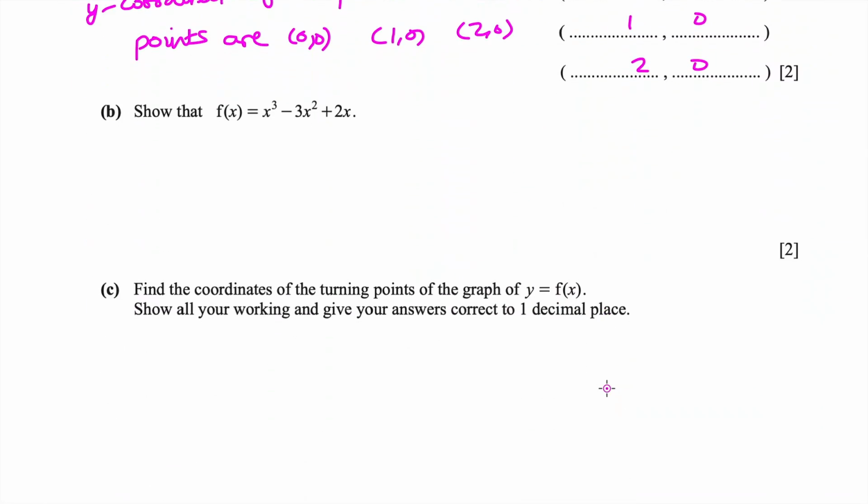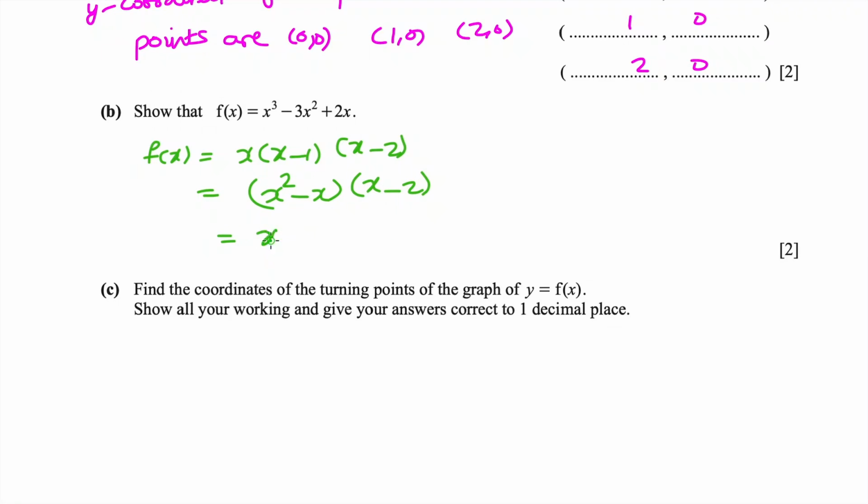Now the next part, show that f of x is equal to x cube minus 3x square plus 2x. So f of x is equal to x into x minus 1 into x minus 2. This will be equal to x square minus x into x minus 2.